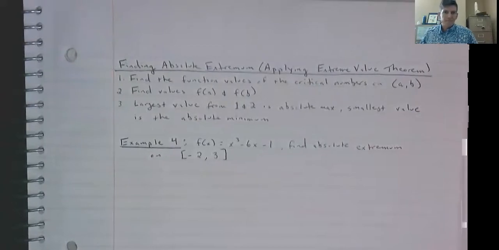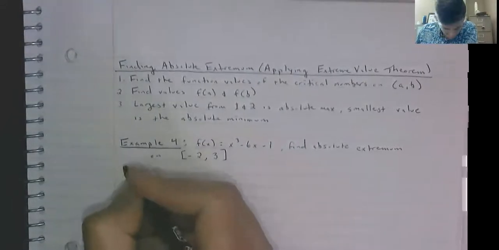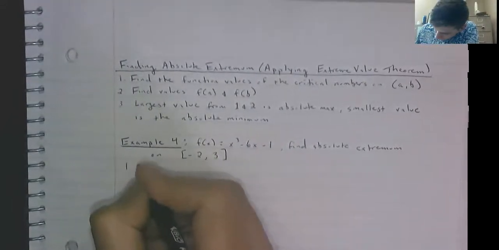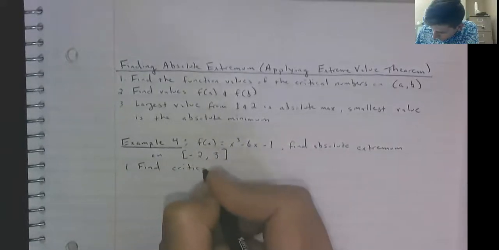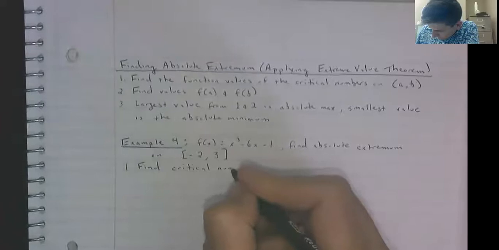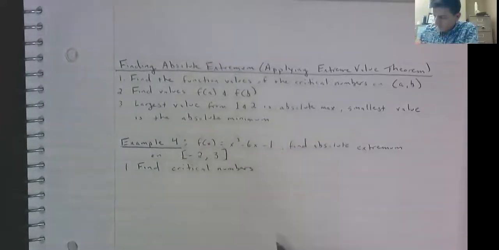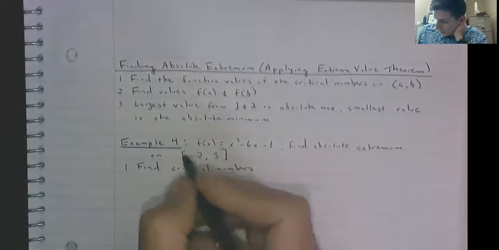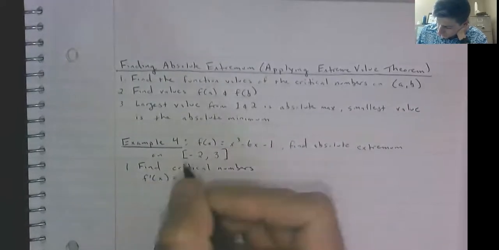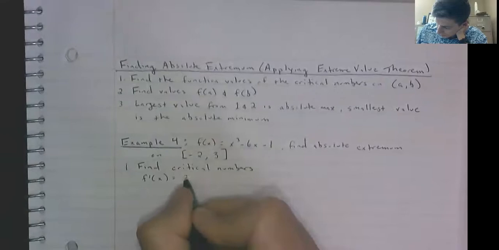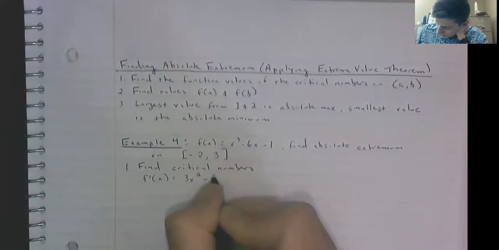Okay. So first thing we need to do is find the critical numbers. So 1, find critical numbers, which means finding the derivative of f, which is f prime of x. So f prime of x is 3x squared minus 6.